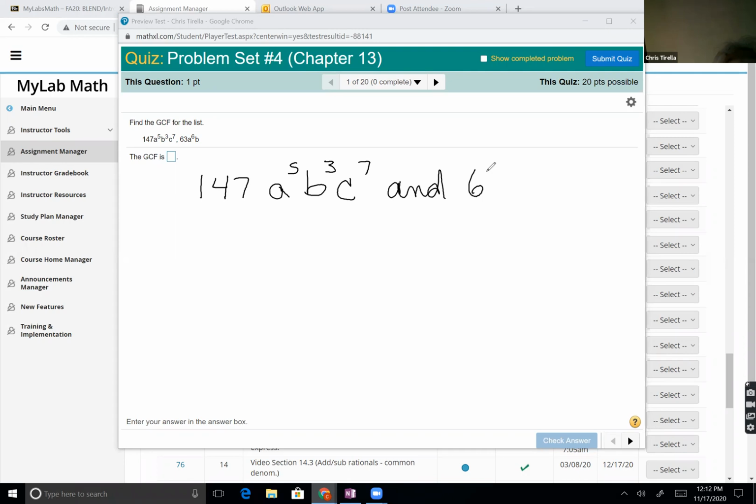And we've got 63 A to the 6th, B. We've got to find a number that goes into both 147 and 63. How would you folks do that? Would you make your factor trees?